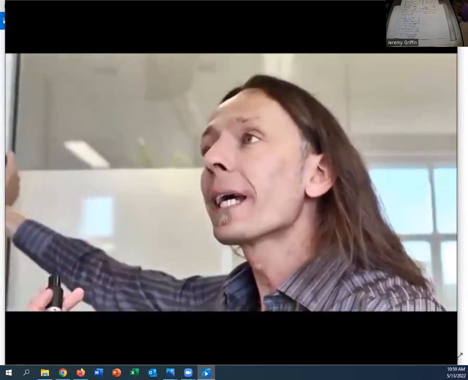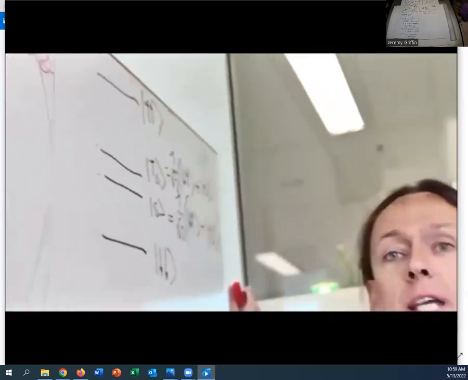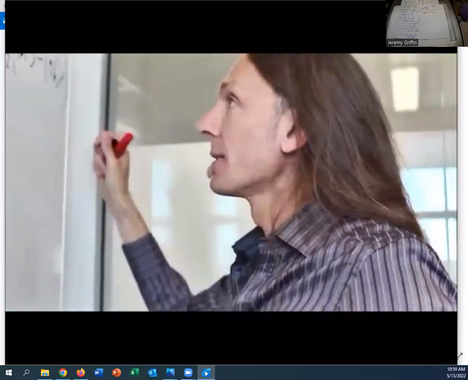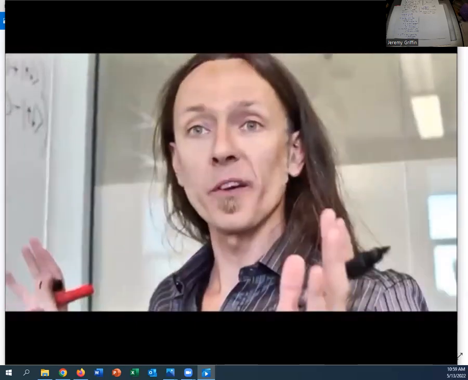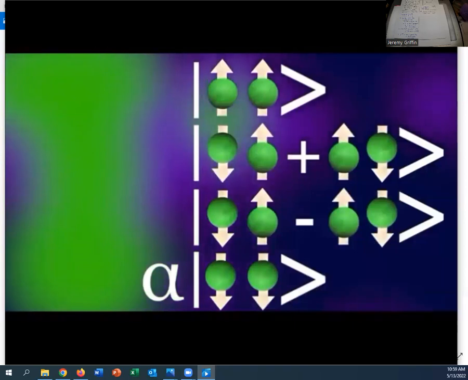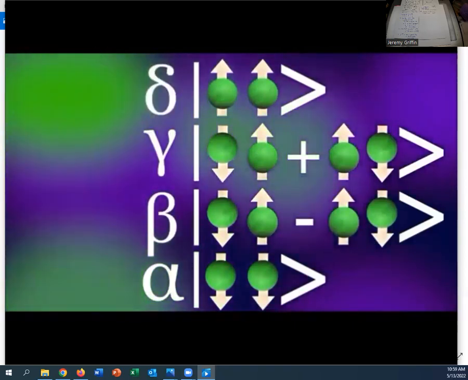Here instead, quantum mechanics allows me to make superposition of each one of these 4 states. So I can write a quantum mechanical state, which is perfectly legitimate, that is some coefficient times this, plus some coefficient times that, plus some coefficient times that, plus some coefficient.